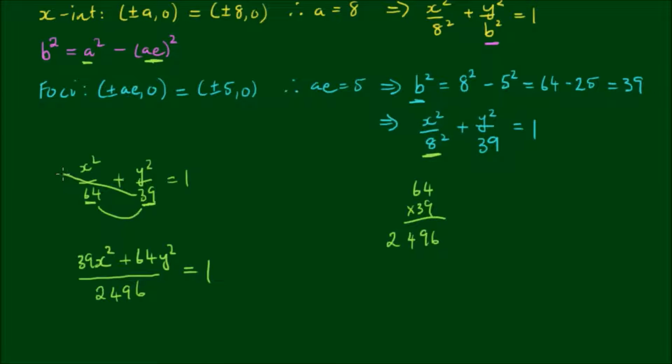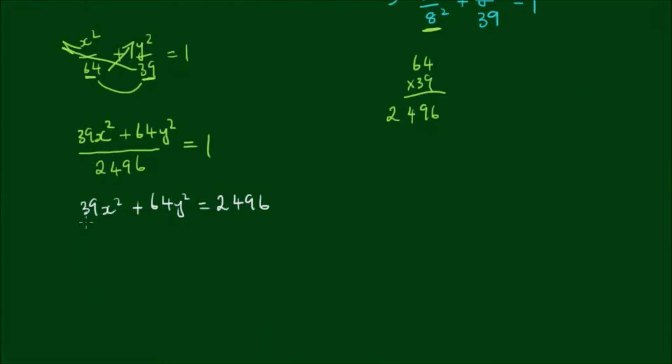So literally we are just cross multiplying, and if we times both sides by the denominator we get 39x squared plus 64y squared is equal to 2496. So thus 39x squared plus 64y squared is equal to 2496 is the equation of the ellipse that has the vertices positive and negative 8, 0 and the focal points positive and negative 5, 0.